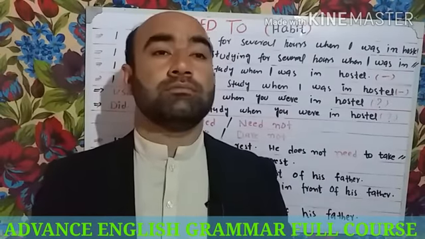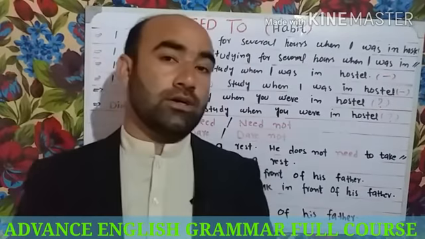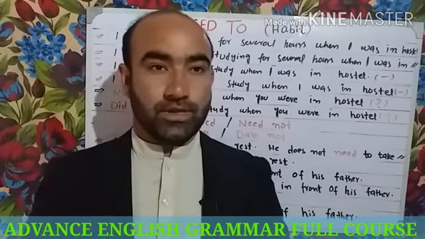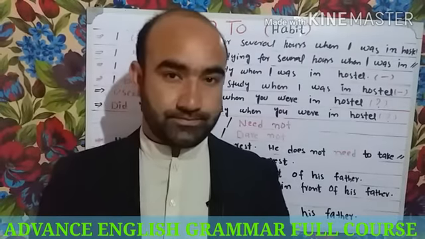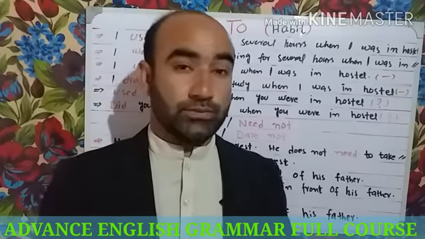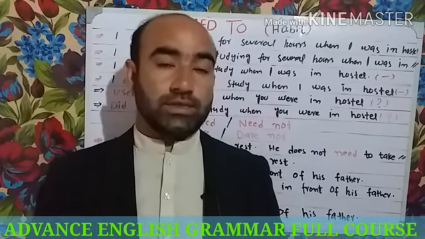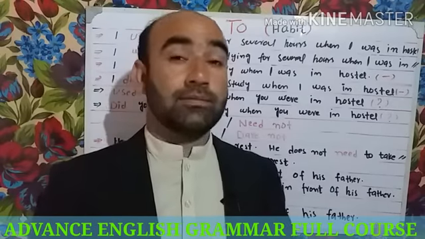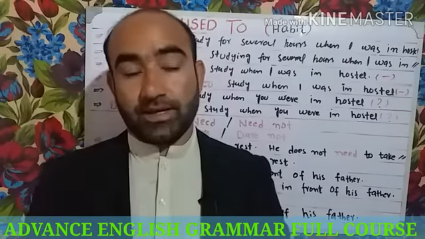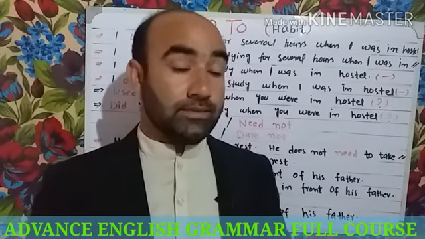For example, 2 years, 3 years, 5 years, or more than that. For example, I used to play cricket. But this action is not present anymore. That action will not take place in the present.